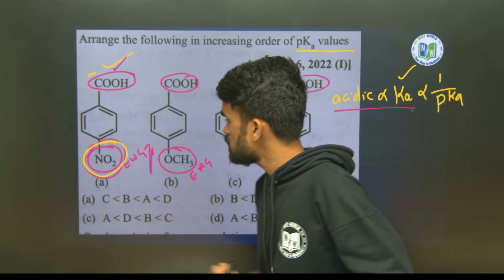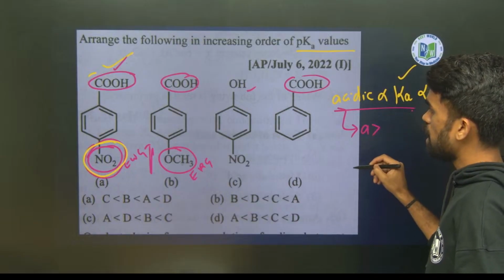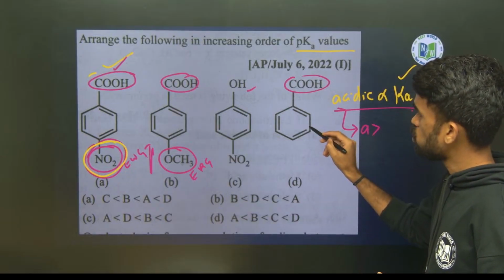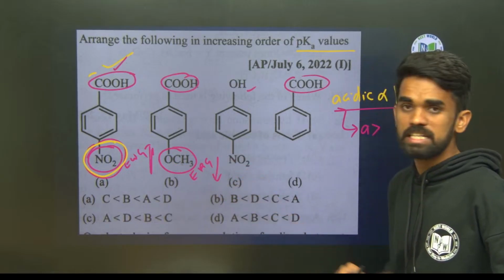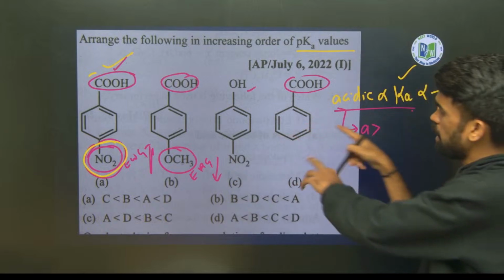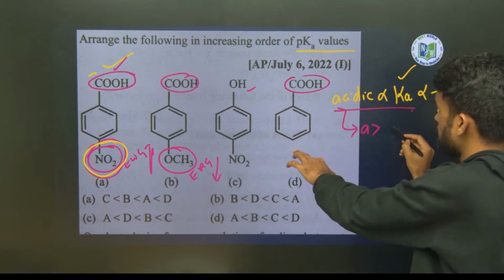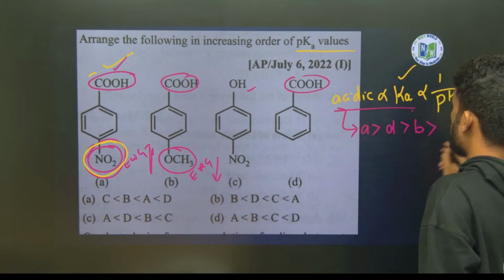Therefore, A is more acidic. First I am writing the acidic nature order. After that, here there is no group, and here an electron releasing group, and electron releasing groups decrease acidic nature. So here there is neither an electron withdrawing nor an electron releasing group. So I can write D here, after that I can include B, and the least acidic is the phenol, C.